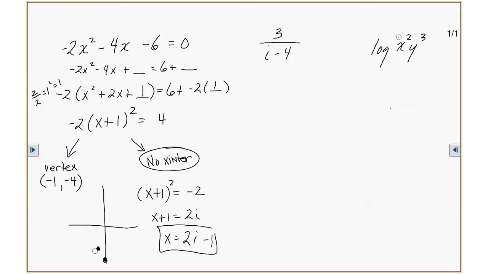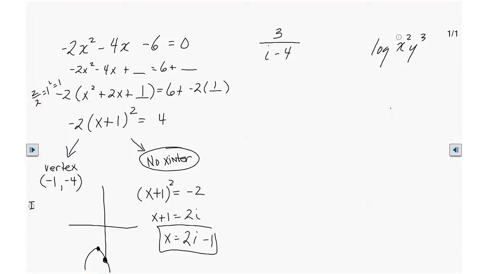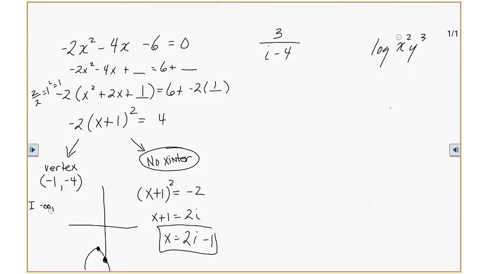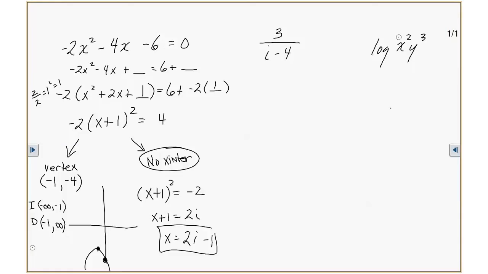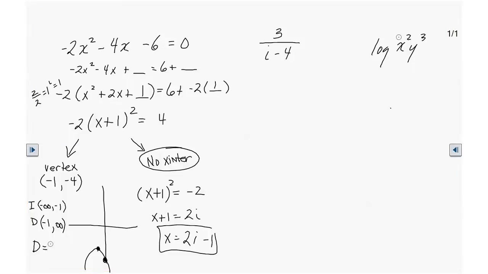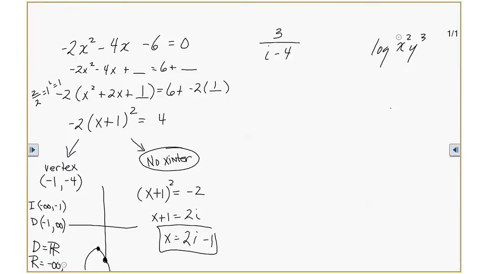And which way is it opening? Down, Hebert. That's that fast. Increasing from negative infinity to negative 1. Decreasing from negative 1 to positive infinity. Domain is all real numbers. Range is negative infinity to negative 4. I'm sorry, negative 4.